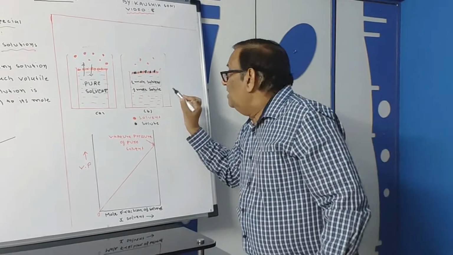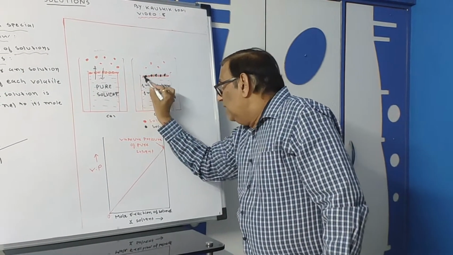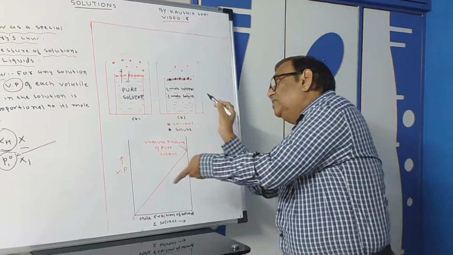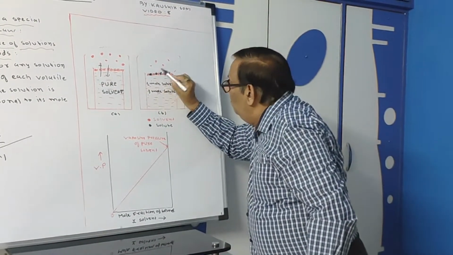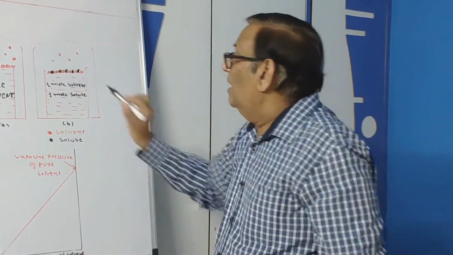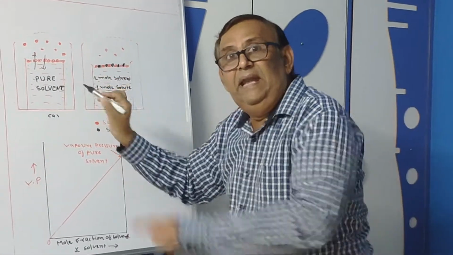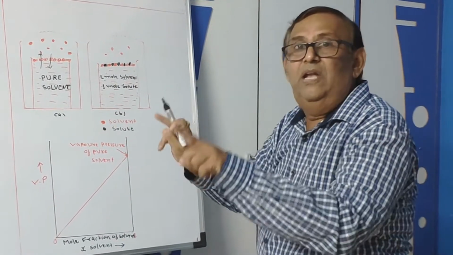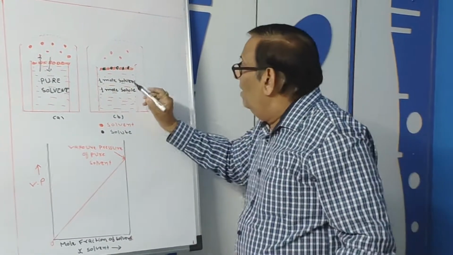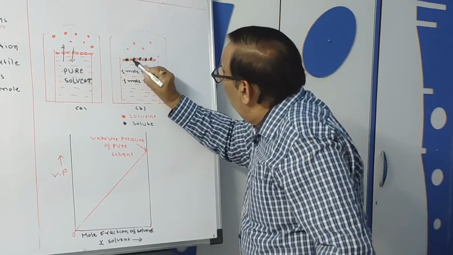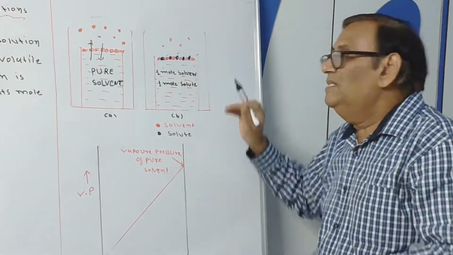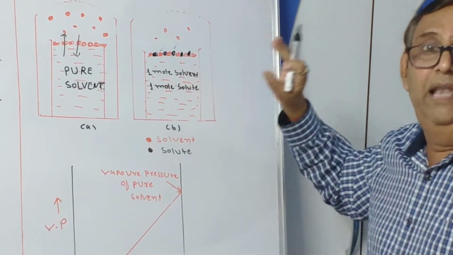Why? In a solution, some solvent molecules as well as some solute molecules are present on the surface. The surface is covered not only with solvent molecules, the red ones, but also with solute molecules, so less surface is available.